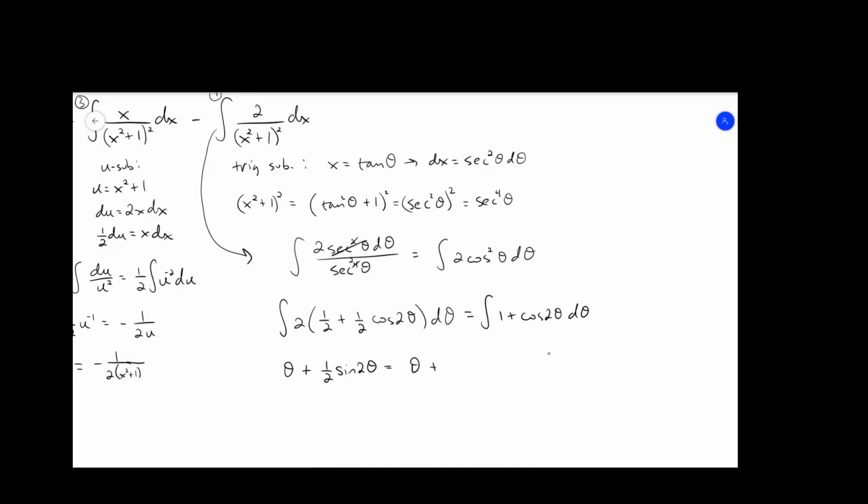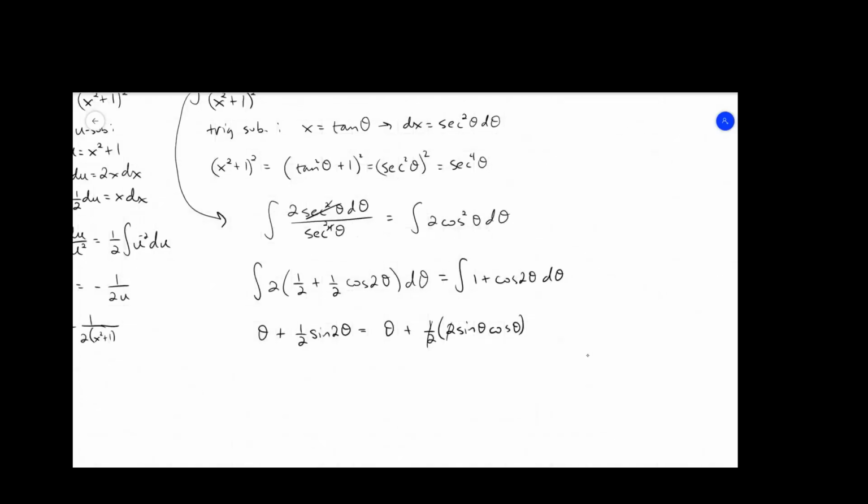So let's deal with that at the same time. Remember the identity for sine 2 theta, it's 2 sine theta cosine theta, and then at least the 1/2 and the 2 cancel there. Then, so what do we have here? Oh, sorry, no 1/2 anymore. Theta plus sine theta cosine theta.